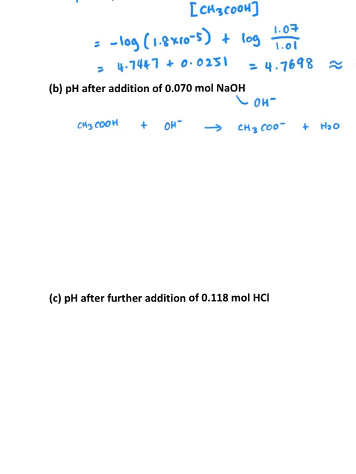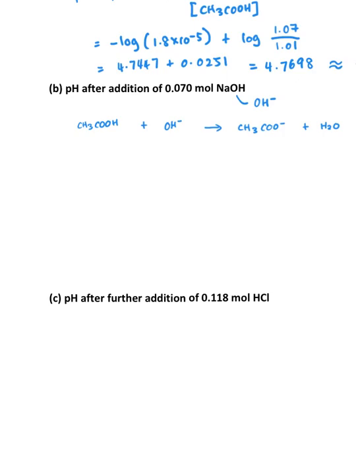So here we see that acetic acid is going to react with OH minus from NaOH to form the acetate ion. This is an irreversible reaction, again because NaOH is a strong base. So as long as you have either a strong acid or strong base in this acid-base reaction, it is going to be an irreversible reaction.